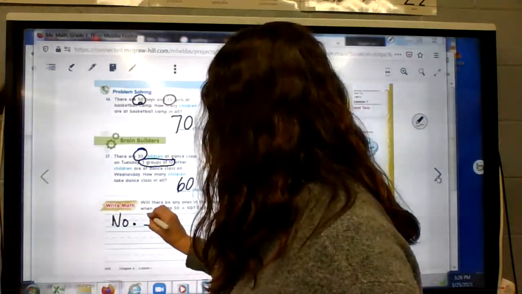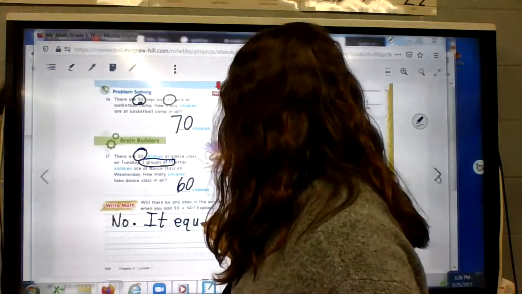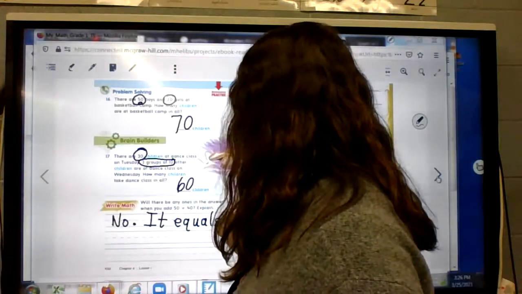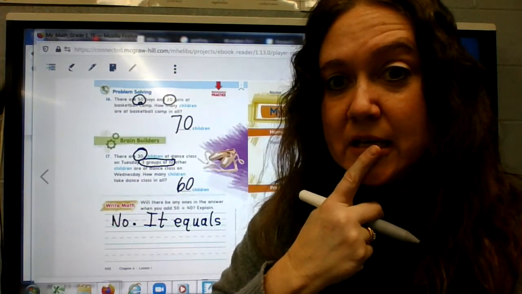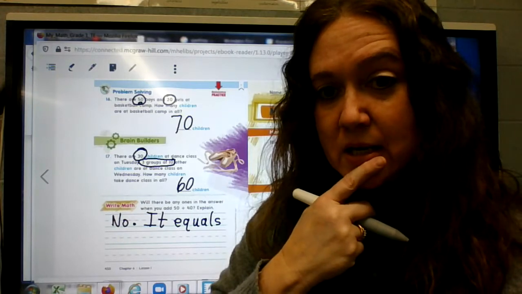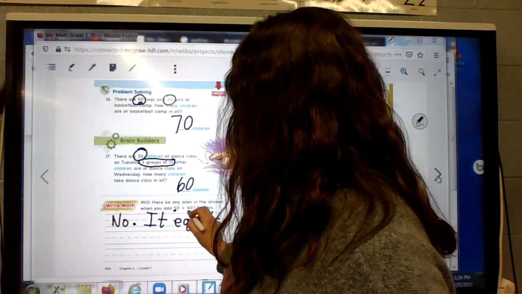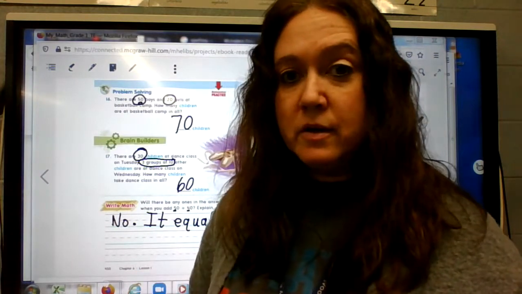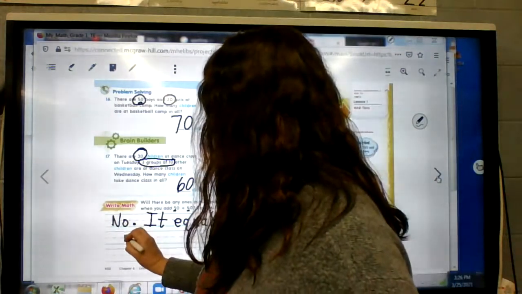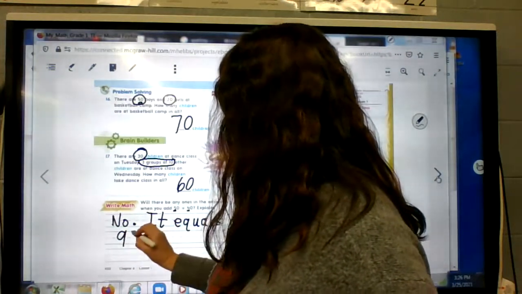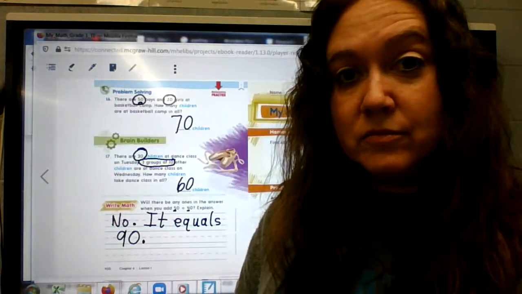It equals, what does it equal? 50 plus 40. 50, so we're thinking about 5 plus 4. 5 plus 4 is 9, and then we have to add the 0. 90. It equals 90.